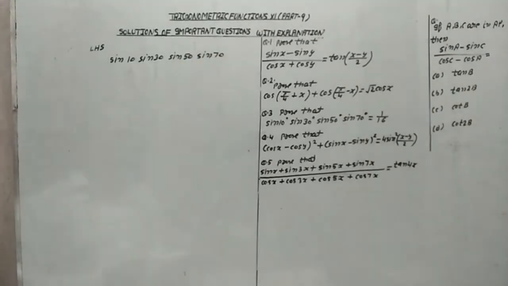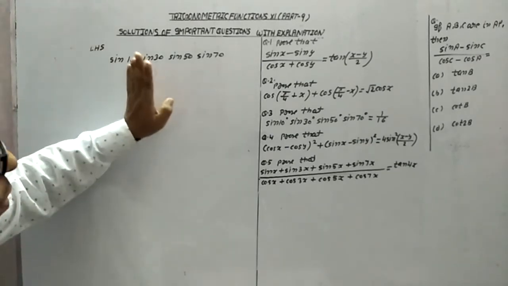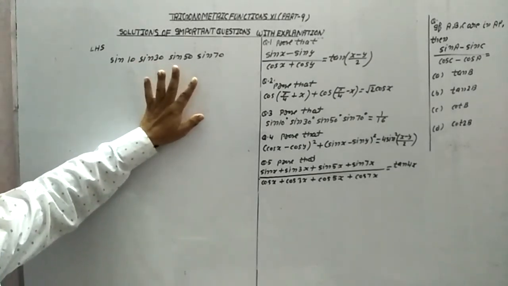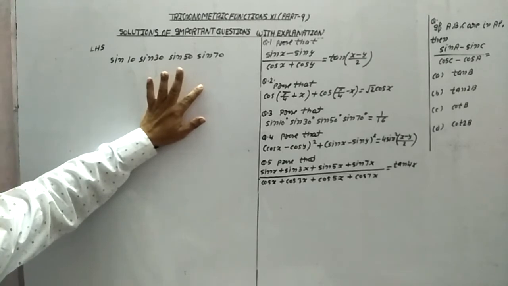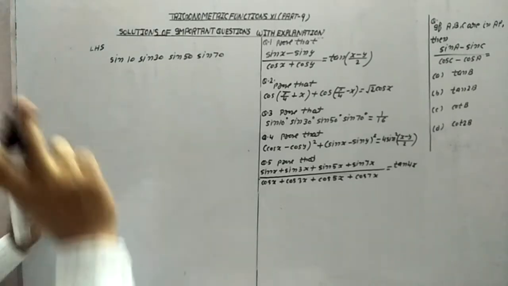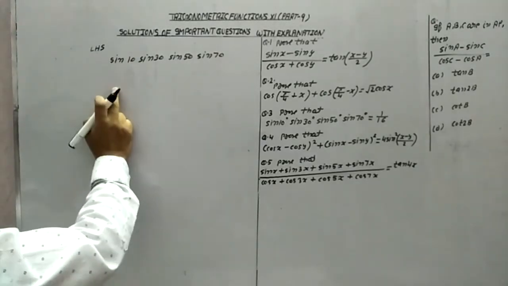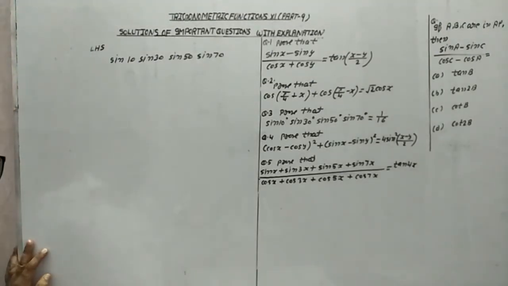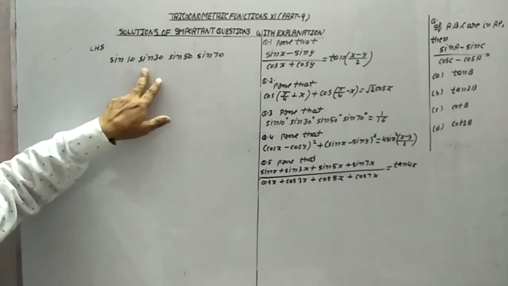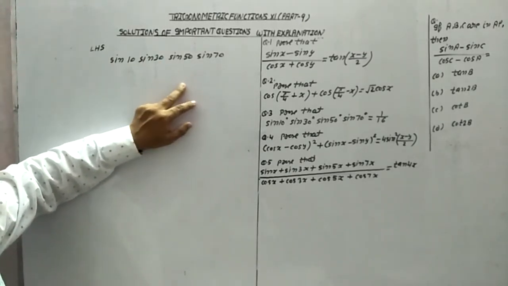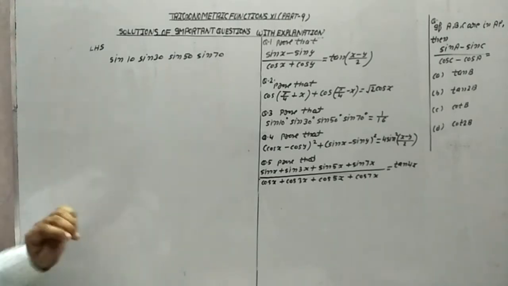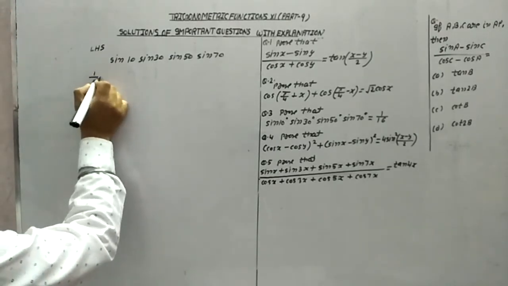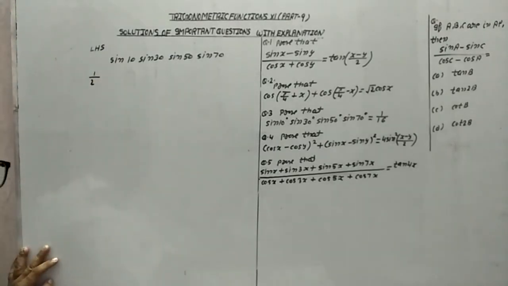To do this question, first of all, we have to select a pair of two terms, and then apply the identity. We observe one term here whose value we directly know, which is sin 30. So first of all, sin 30 we write directly as 1 upon 2.